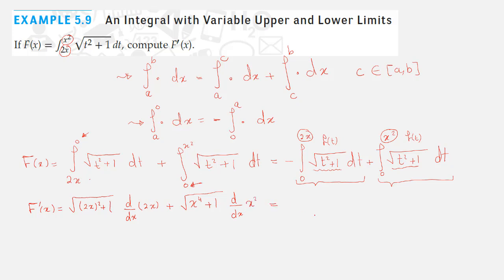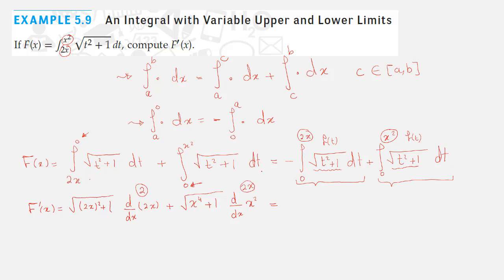You can substitute by evaluating d over dx: of 2x is 2, and dx squared over dx is 2x. And then you will get the answer.